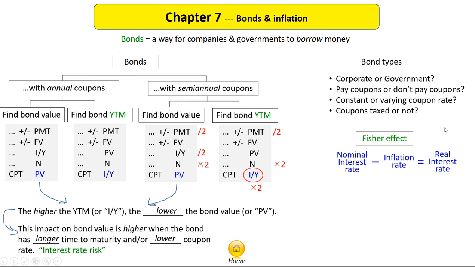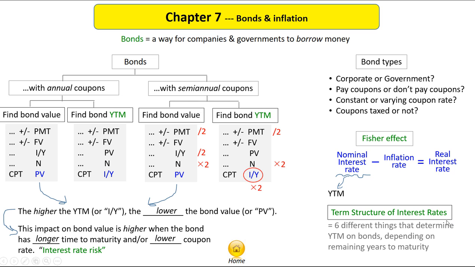And then we also looked at the so-called Fisher effect, which says to calculate the real interest rate per year, you take the nominal interest rate per year and subtract the annual inflation rate. So the nominal interest rate is the YTM, the bond yield to maturity. That's the nominal rate. And we also had a conceptual topic called term structure of interest rates, which is basically 6 different things that determine the yield to maturity on different types of bonds, corporate and government, depending on how many years to maturity those bonds have.